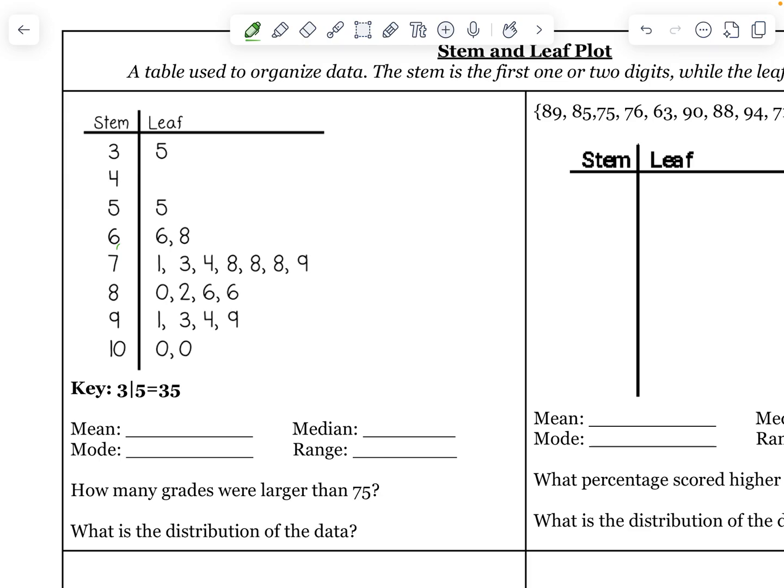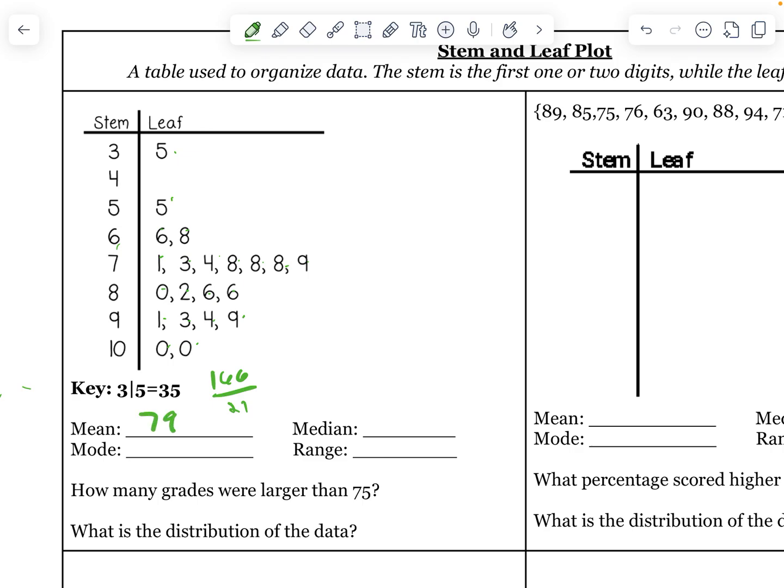Sorry, y'all should have done this before. 86, 86, 91, 93, 94, 99, 100, 100. All right, so I got 1586. Then counting: 1, 2, 3, 4, 5, 6, 7, 8, 9, 10, 11, 12, 13, 14, 15, 16, 17, 18, 19, 20. Hopefully I did this right because I'm doing it on the fly.